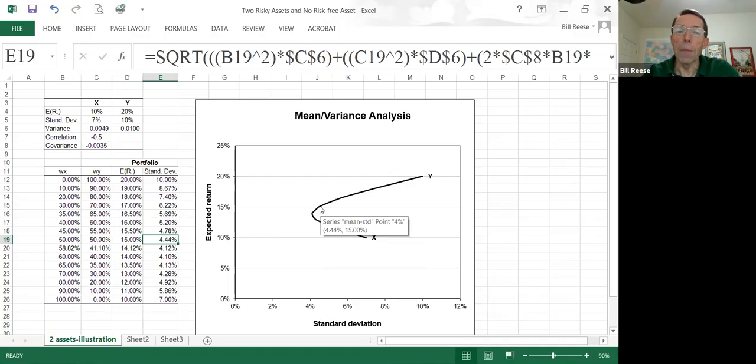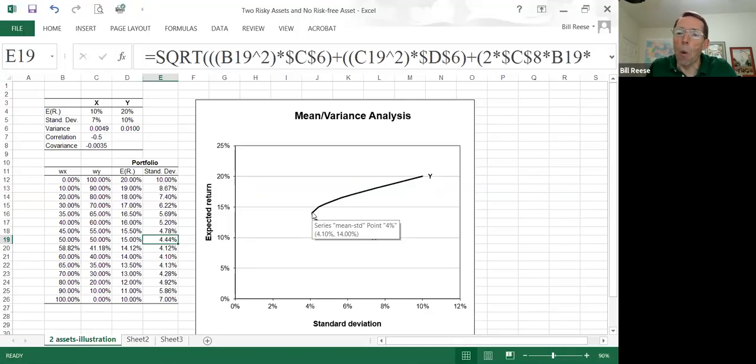Now, there's a very important point, okay, on this opportunity set. And it's going to be the one that is as far to the left as possible. And it looks like it's right around here. We call that the minimum variance portfolio, oftentimes just abbreviated as the MVP. MVP, I know in football stands for most valuable player, okay, or any sport does. But here it stands for the minimum variance portfolio.